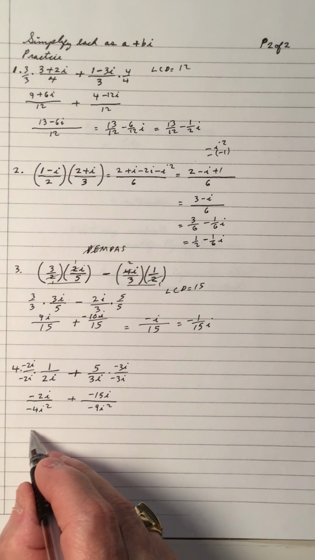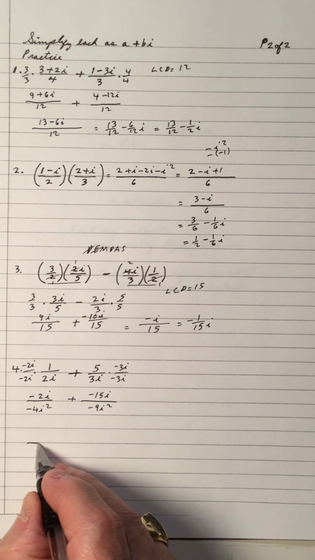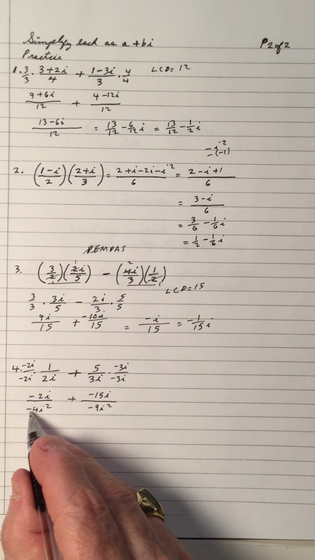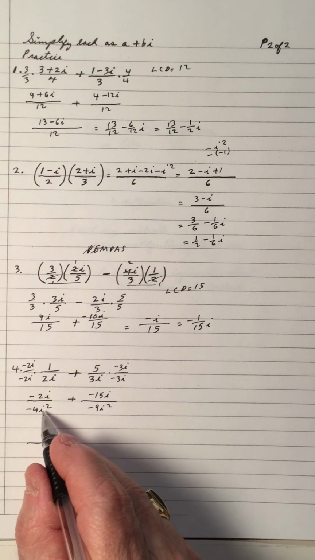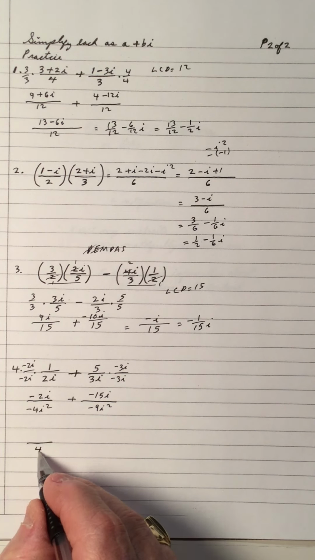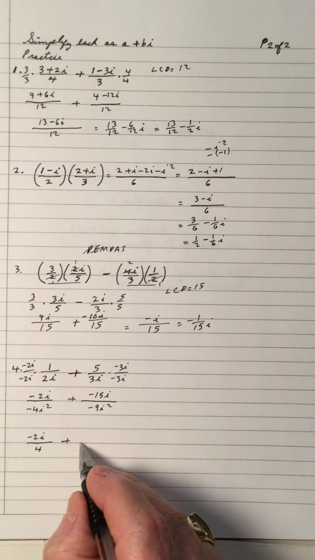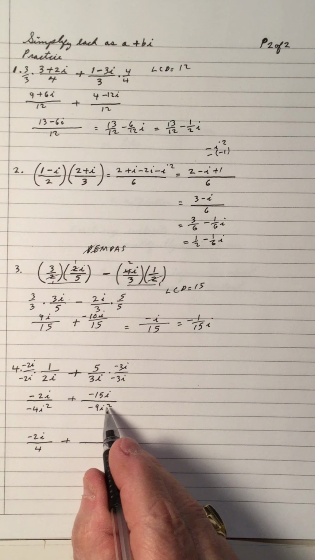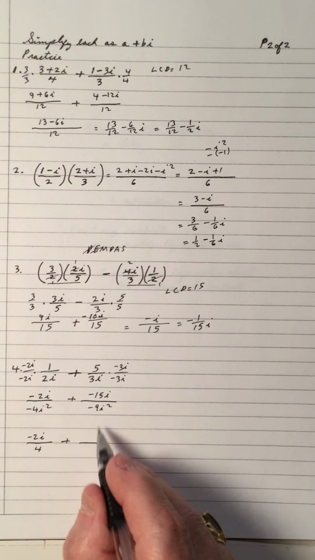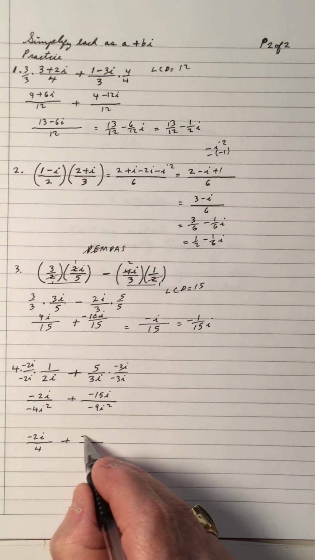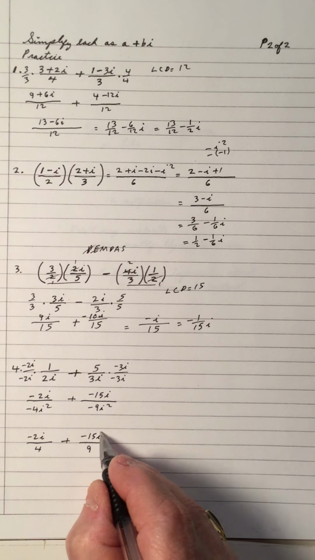I simplify the denominators, and that's negative 4 times negative 1, which is 4. And a negative 9 times i squared is negative 1, so that's a 9. That's a negative 15i.